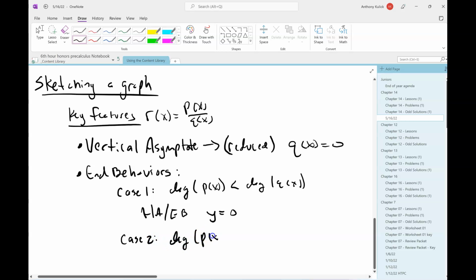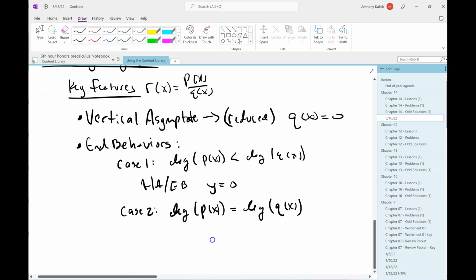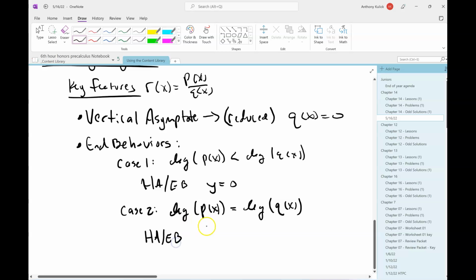Case 2, where the degrees are equal. If the degrees are equal, you're going to take the leading coefficient of p of x divided by the leading coefficient of q of x. I'm just abbreviating leading coefficient as LC.